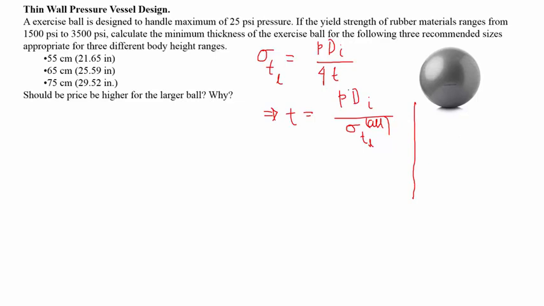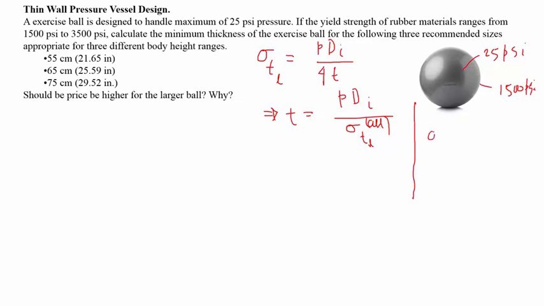Now in this case, it says that for the gym ball, typically the inside pressure is 25 psi, and the rubber material varies from 1500 to 3500 psi. So we don't know what kind of rubber we get, so to be on the safe side we can use 1500 psi maybe.